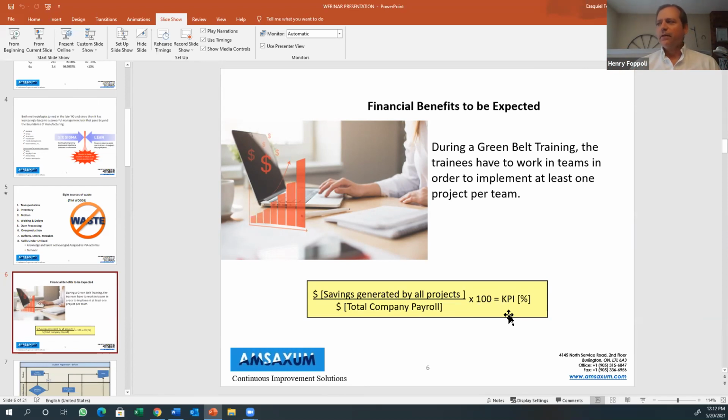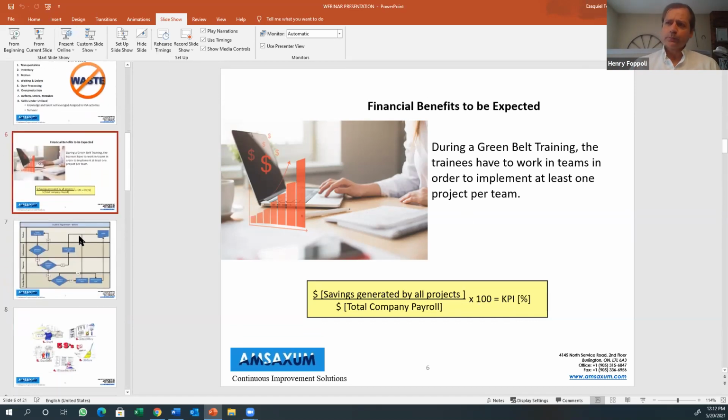In my experience, I've seen much higher than 20% for companies that are new to Lean, and about 20 to 25% for companies with many years of experience with Lean. So for both, it is a huge opportunity in terms of financial benefits.